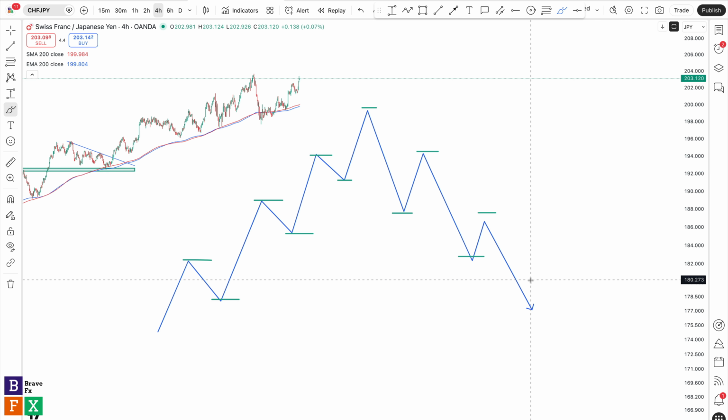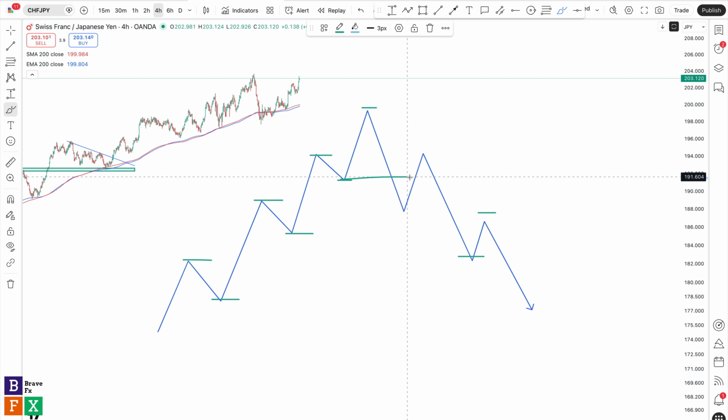But the problem with this is most traders are not patient enough to confirm this change before they start taking trades, right? I'm going to show you what I mean. So most traders, right, when we take out this low by creating a lower low, they automatically assume the trend has changed, right? They go short here.